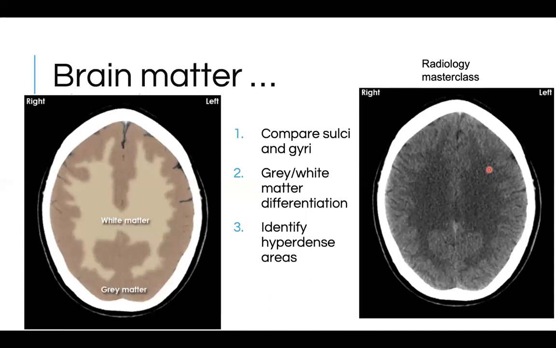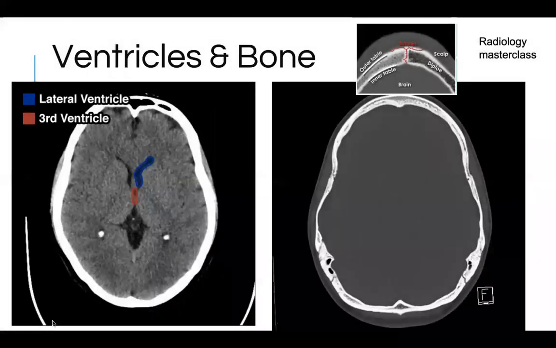Well, when you have trauma and sinus injuries, you can get something called pneumocephalus, when there's air in the brain, which is actually quite benign. But it's the blood and the other trauma which is life-threatening.